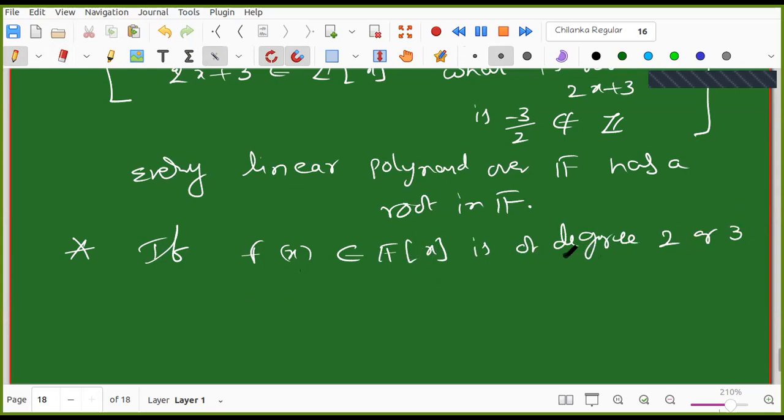If f(x) belonging to F[x] is of degree 2 or 3, then f(x) is irreducible, reducible, better say reducible. Yeah.